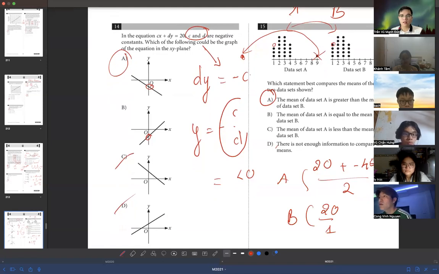Because A in this sense will be adding a very small number, right? In this case, it's the same. We're adding a very small number to the data set. The data sets usually have the same entry, and we add the very small number, which will result in the mean becoming significantly smaller.